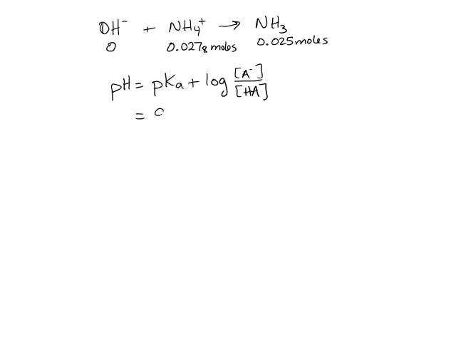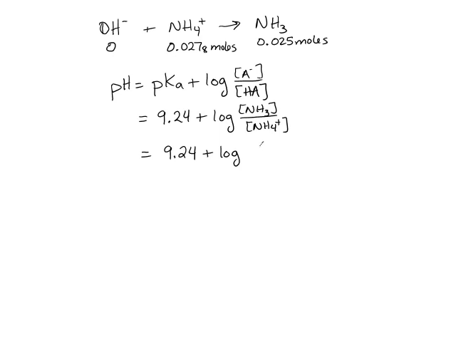The pKa is still 9.24. So to finish this off, we need to put in the concentrations of ammonia and ammonium. Concentration of ammonia is going to be the 0.025 moles divided by the new volume of the solution.